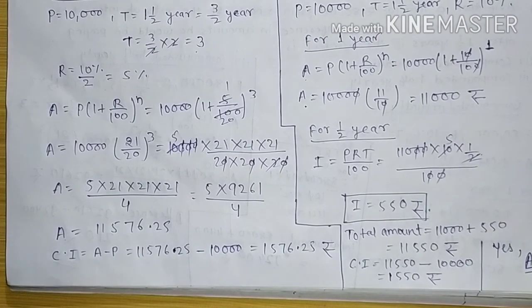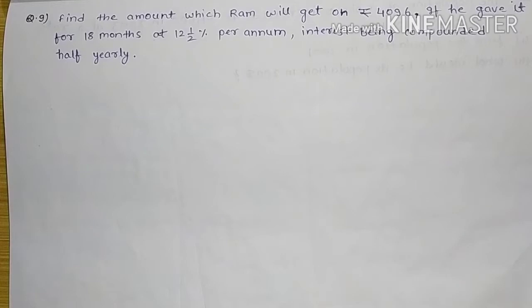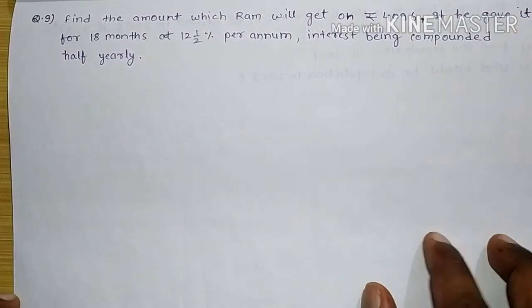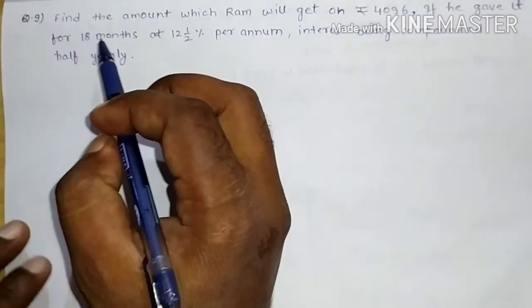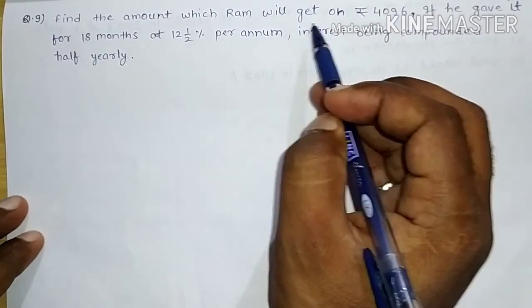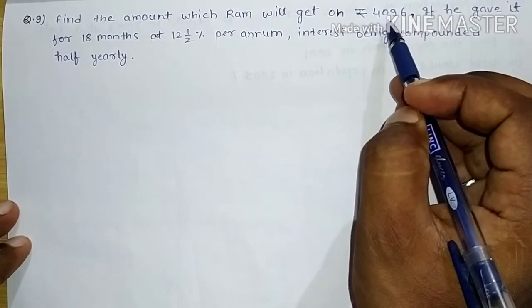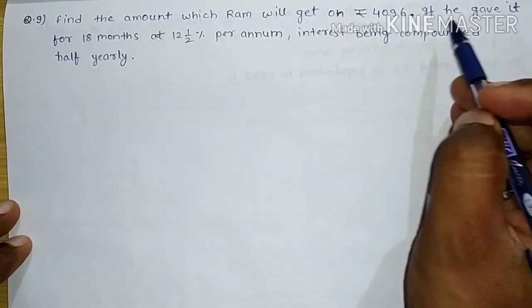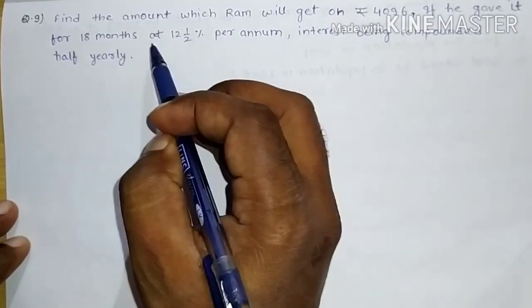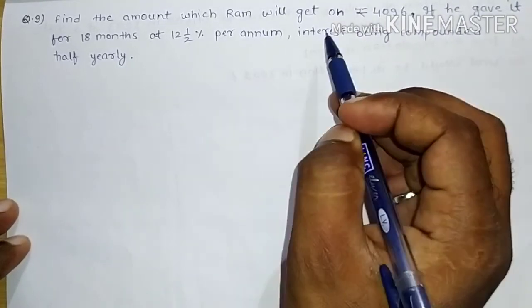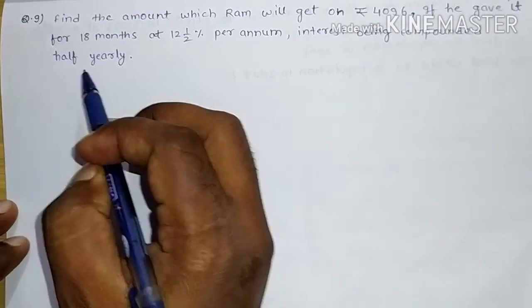Now the next question, that is question number 9. Find the amount which Ram will get on rupees 4096 if he gave it for 18 months at 12.5% per annum, interest being compounded half yearly.